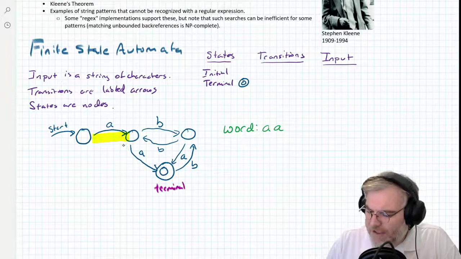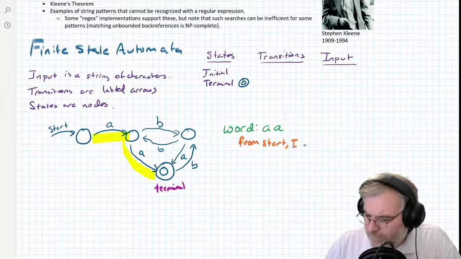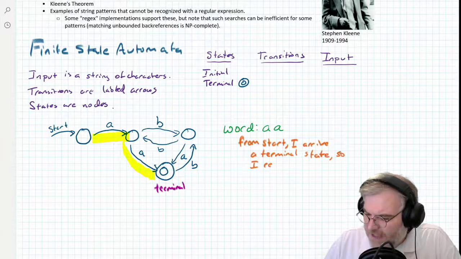Now I had another A, so now I went from here to here, and this word was recognized. I arrive and stop.